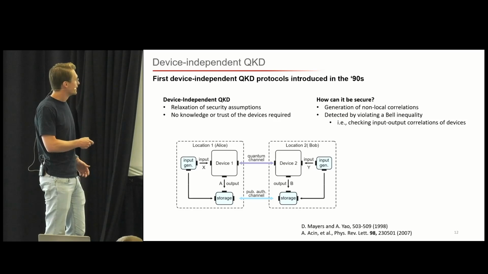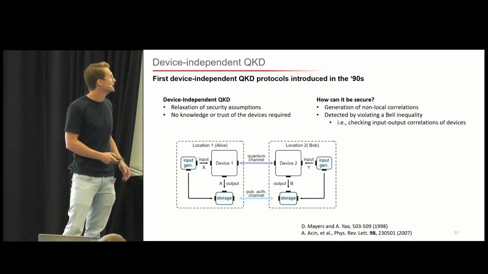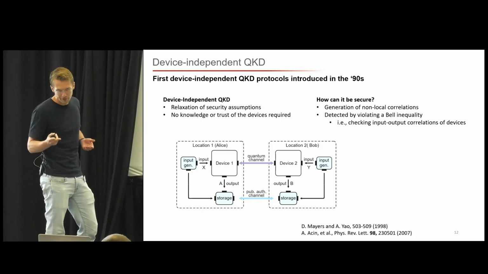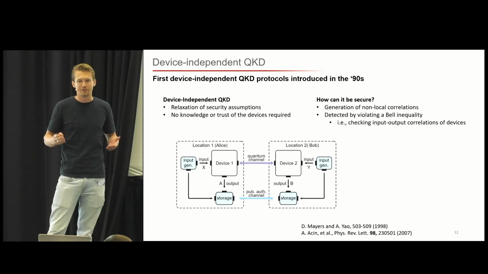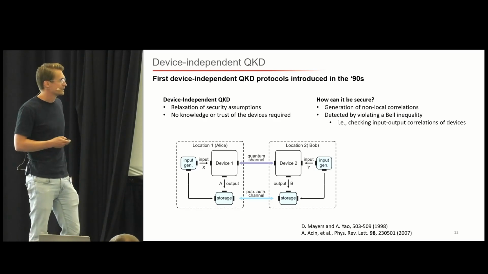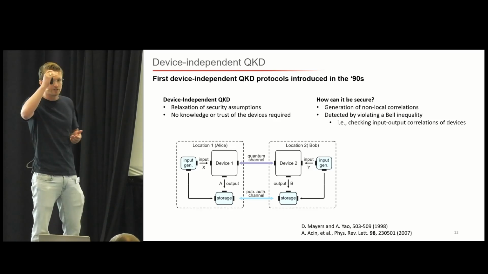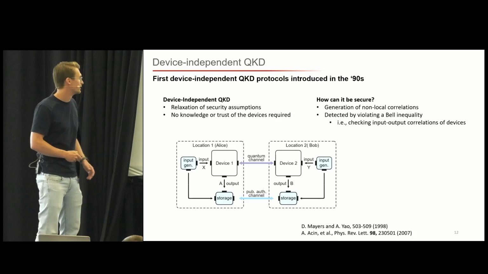And by only looking at the input and output of the devices, you can evaluate this Bell inequality, and you can do 2 things. You can make sure that the devices behave properly and securely. And the other thing is that you can directly upper bound the maximum information an eavesdropper can have about the key.